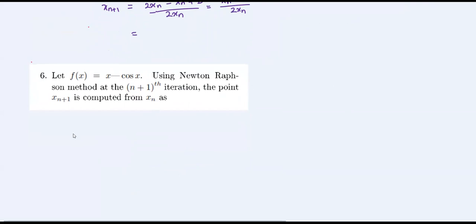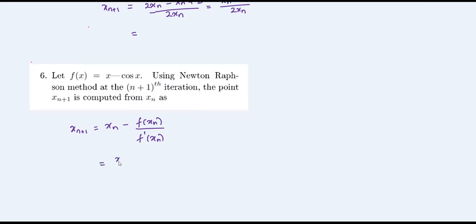Same iteration point. x(n+1) is xn minus f of xn by f dash xn. This is the Newton-Raphson solution. So how do we find this?